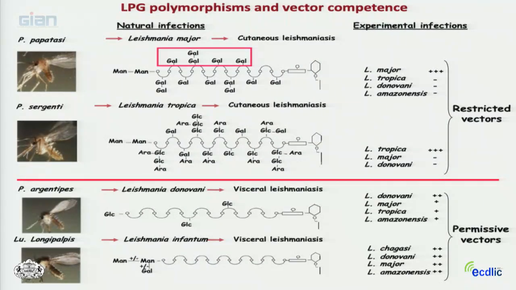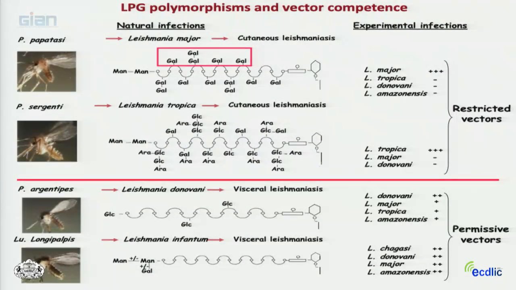The flies that transmit parasites with simple unbranched LPG structure will in the laboratory anyhow transmit anything. They are broadly permissive.